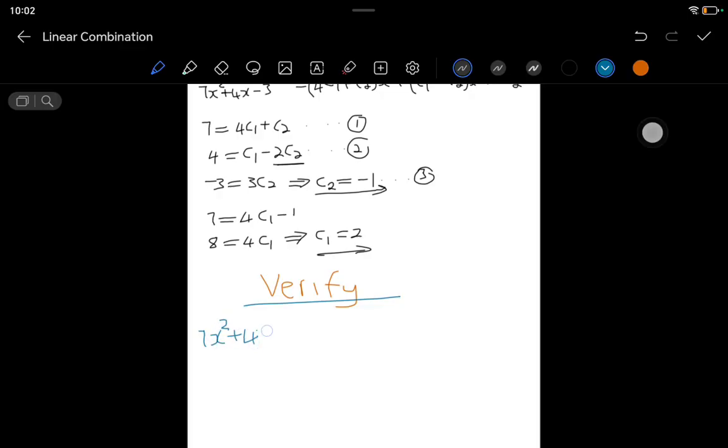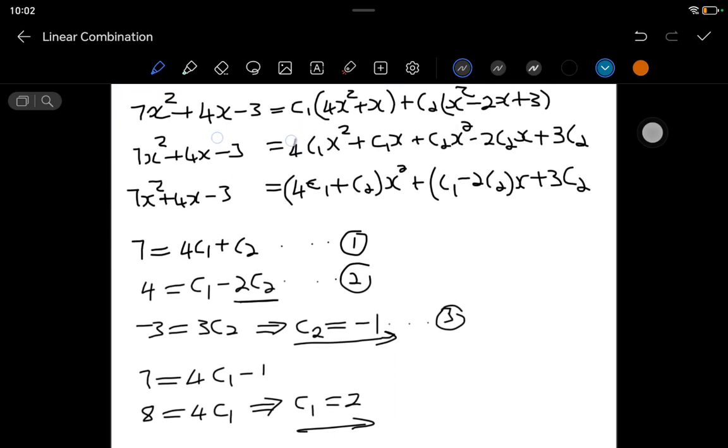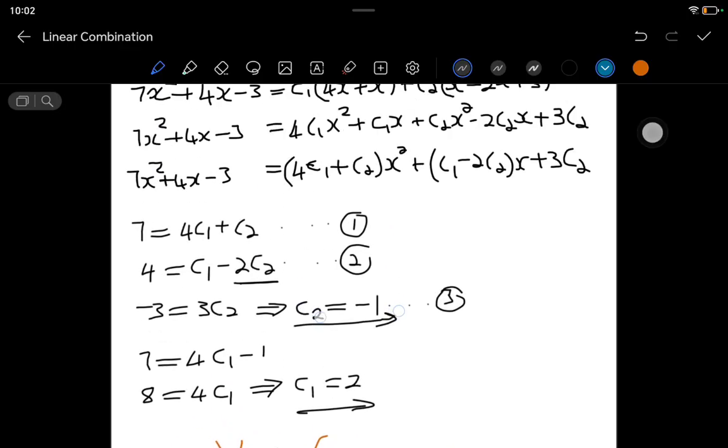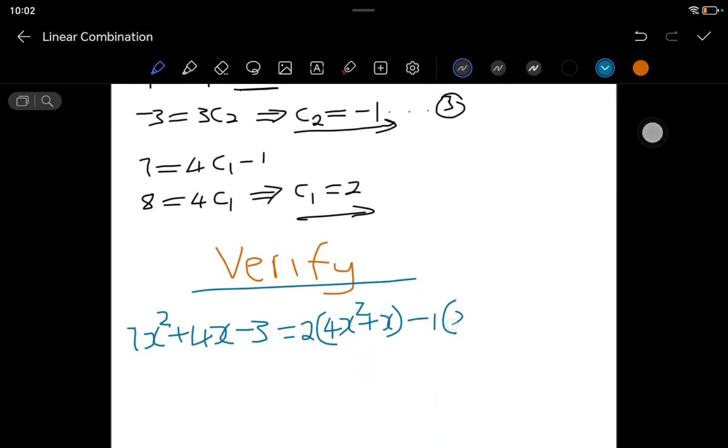When we verify, we can say that 7x squared plus 4x minus 3 is equal to, remember our C1 is 2, then inside there it's 4x squared plus x, and then C2 is minus 1, then it's x squared minus 2x plus 3.